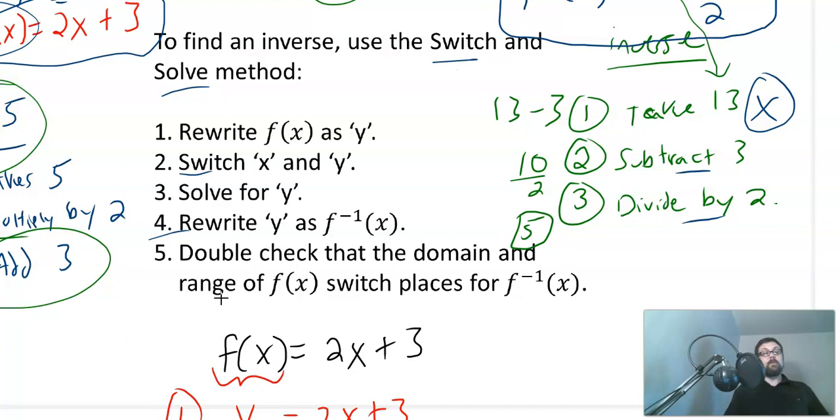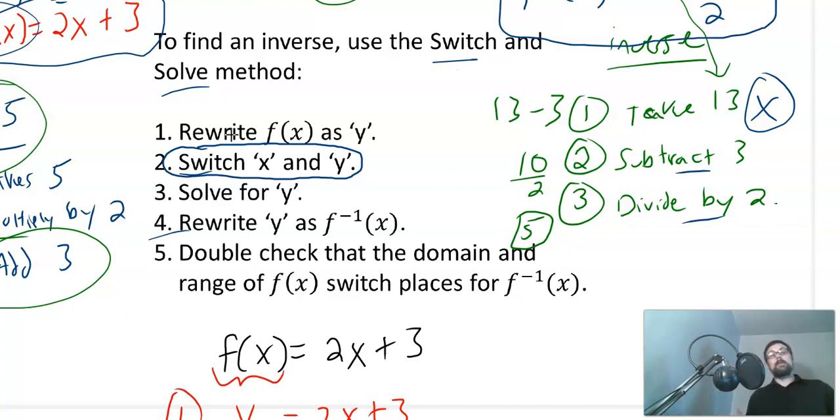So, step 5, double check that the domain and range of f of x switch places for the inverse. So in step 2, we are switching x and y. But that means every characteristic associated with x and y should also be switching places.